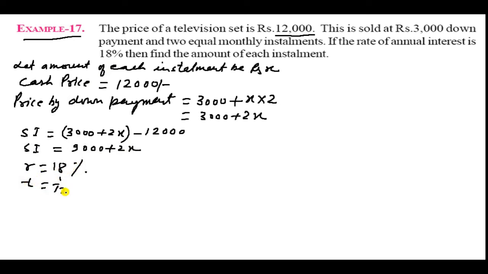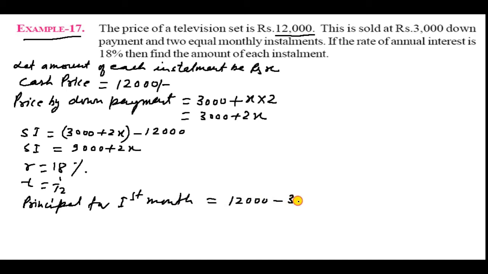So it is 3,000 plus 2X. And the simple interest, so you can find the interest SI: it is 3,000 plus 2X minus 12,000. So it becomes minus 9,000 plus 2X. It is the simple interest.